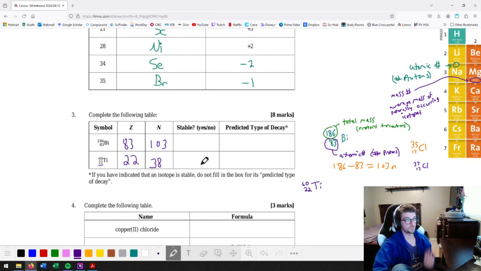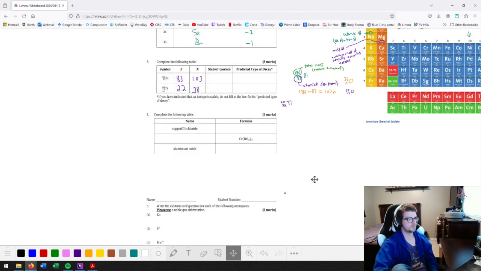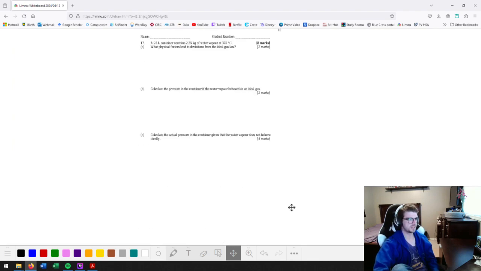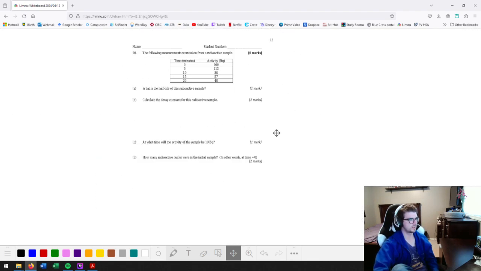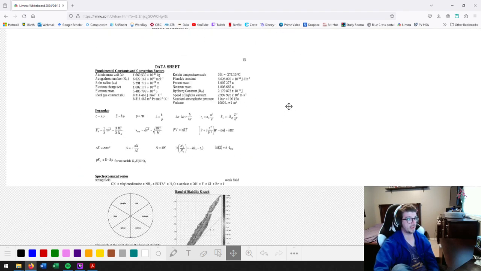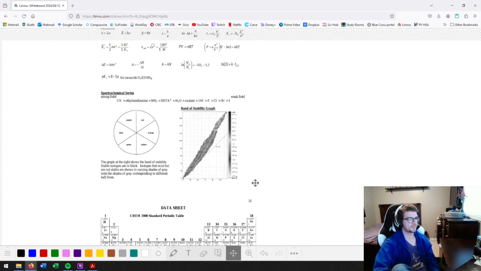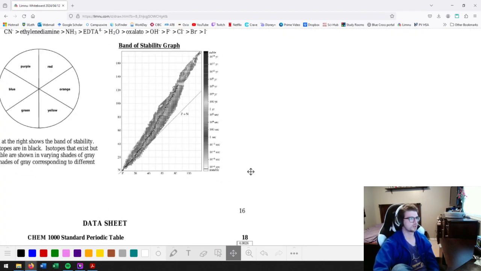Alright, so with that, I'm going to go all the way to the bottom of this problem set, because there's a data sheet, and if I'd thought ahead, I probably would have moved this up to where it would be useful, but that's just not how we're going to do things right now.